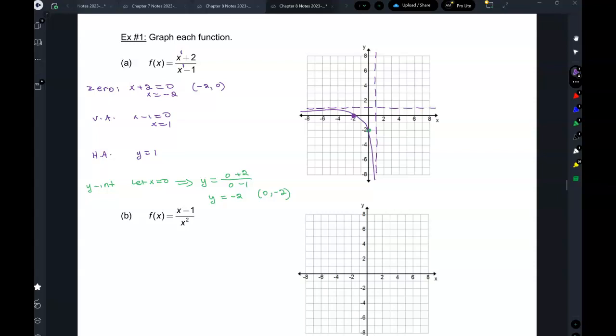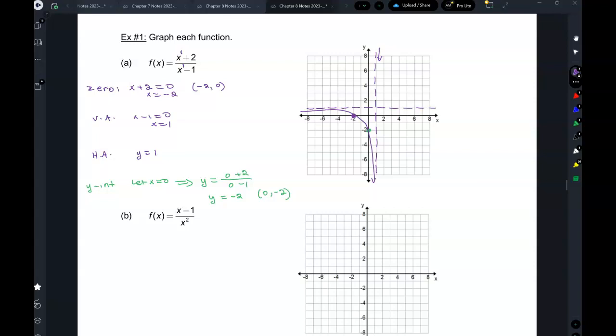You know, in some video games when the character exits the screen to the left, they re-enter from the right. It's kind of like that. So you have the vertical asymptote that separates left side from right side. So if this graph exits the screen on the bottom to the left of the vertical asymptote, it re-enters from the top here. All right? So it's going to follow that way.